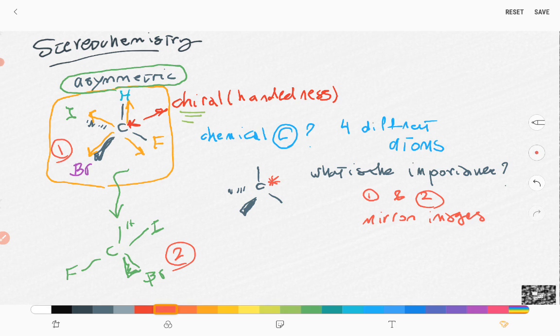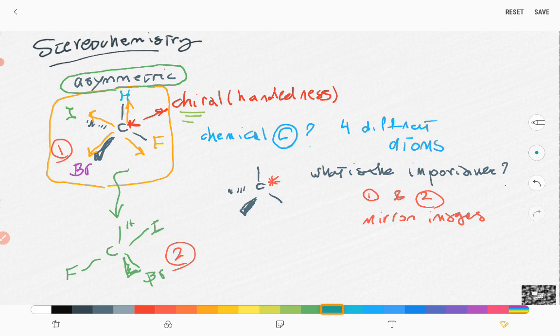What is the importance of insisting on the mirror images? The importance is that these two molecules are different molecules. We cannot assume that molecules 1 and 2 are the same because of the atoms in these molecules. It is not true that we can say these are the same molecule.